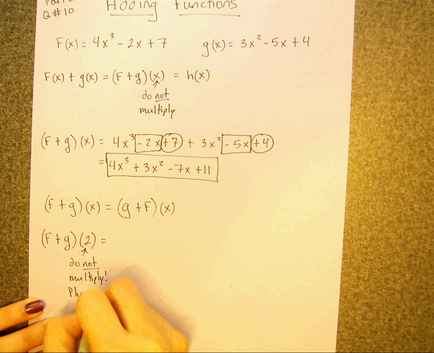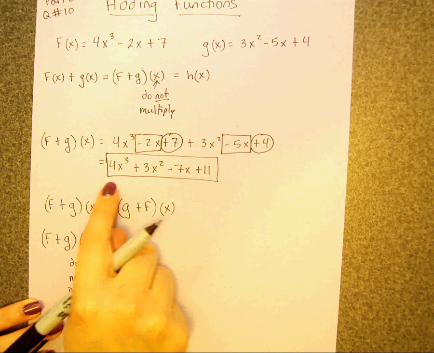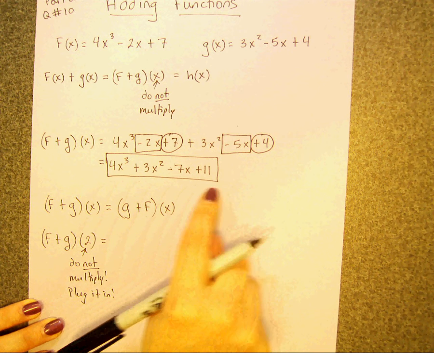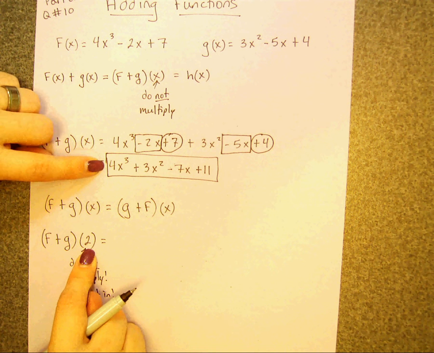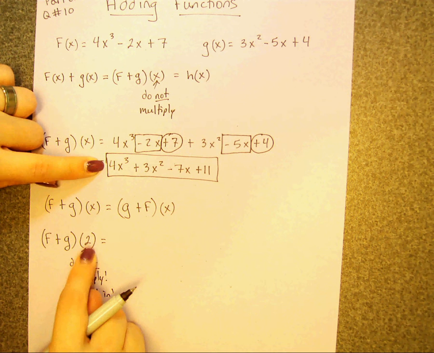Plug it in, right? We've already added f plus g together. The 2 tells me to plug the 2 in for x. So I'm going to take the function that I added together, and I'm going to plug 2 in for x.